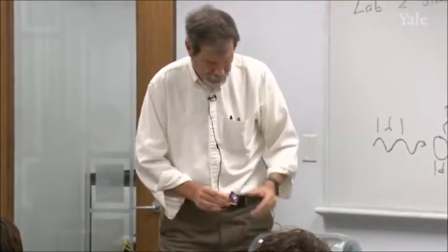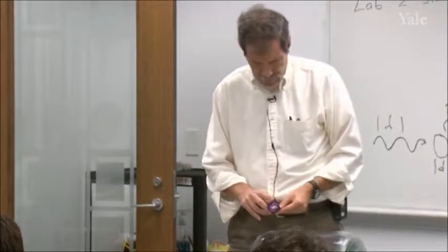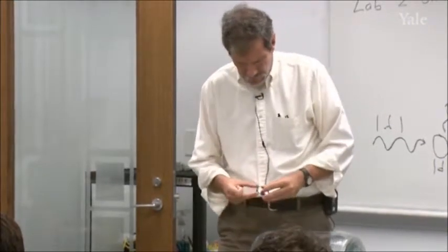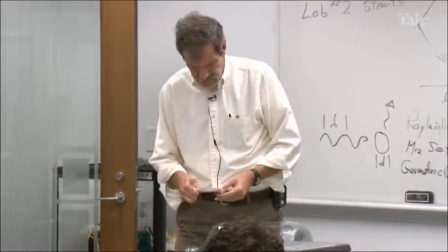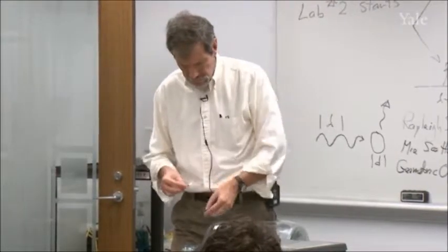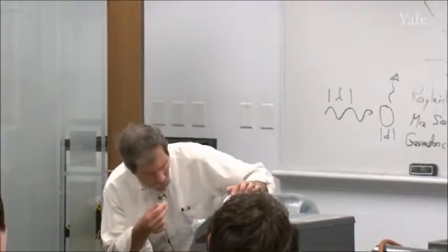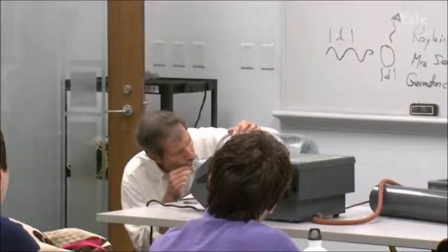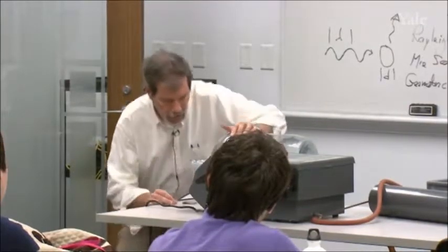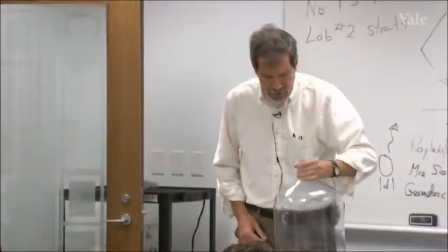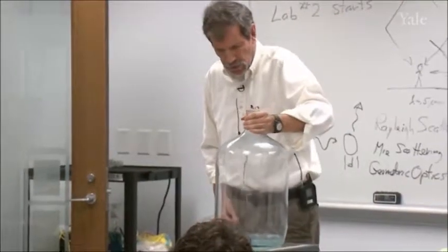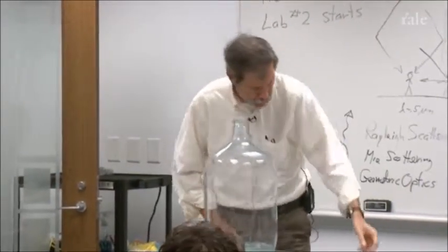So I'm just going to blow a little bit of smoke in there. You won't be able to see this, but these will be very tiny aerosol particles just to give the water something to condense onto.